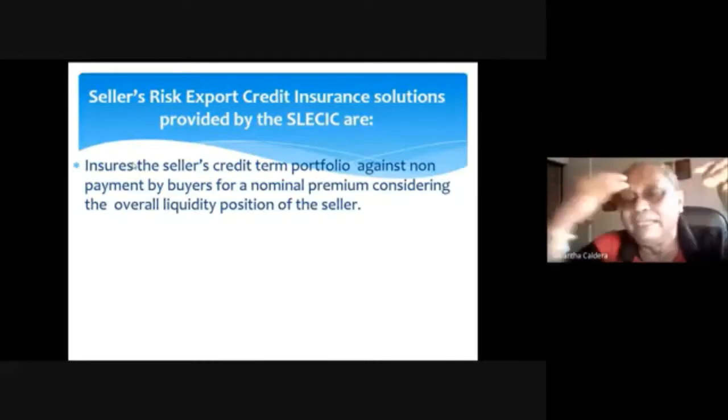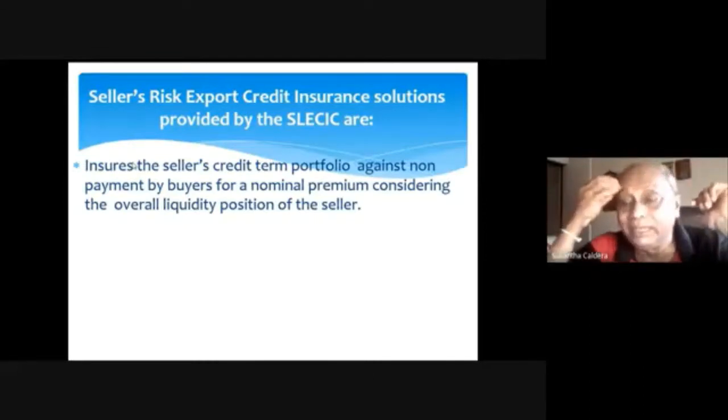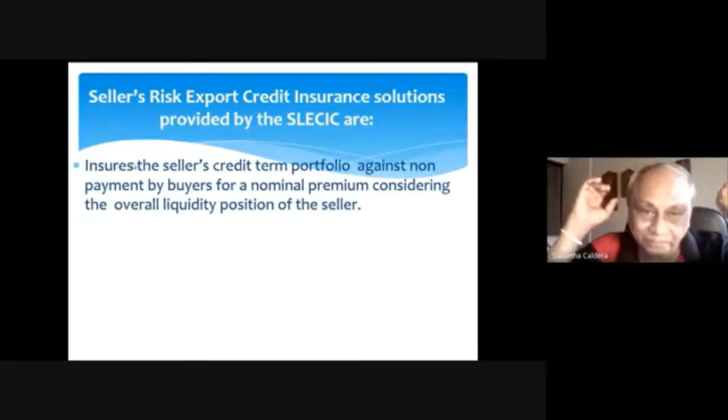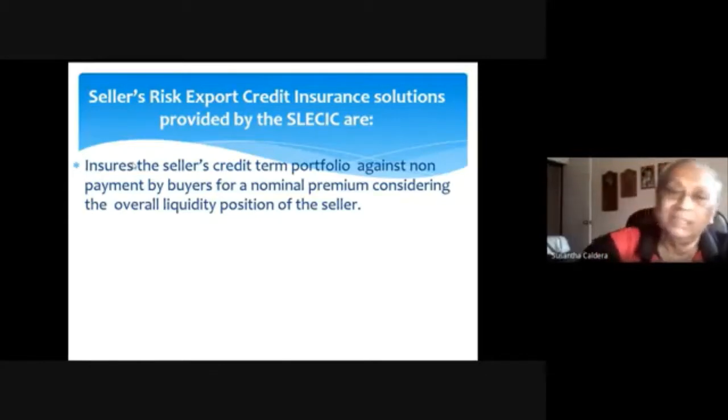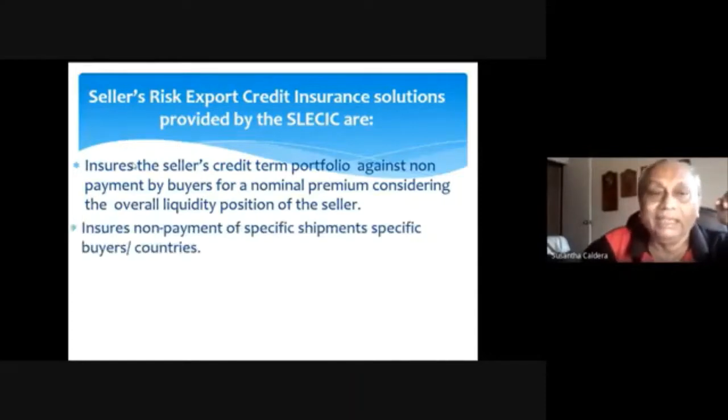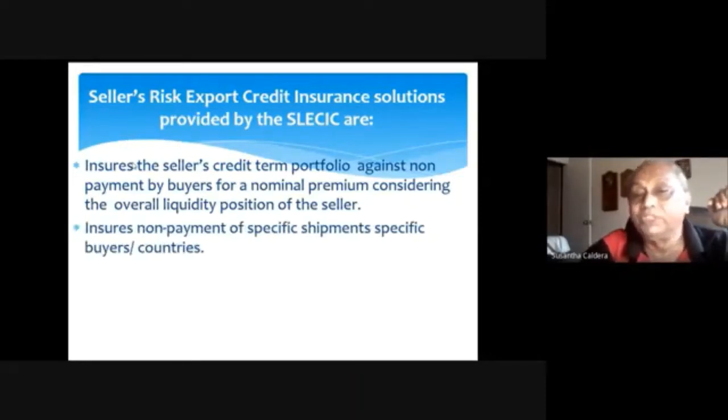With the SLESIC insurance, you can discount the collection bills of that particular customer, because even if they do not pay, it is covered by the insurance policy. Right? Insures non-payment of specific shipments, specific buyers, countries. This is not valid for every Tom, Dick and Harry. You have to have specific customers, specific shipments from specific countries.